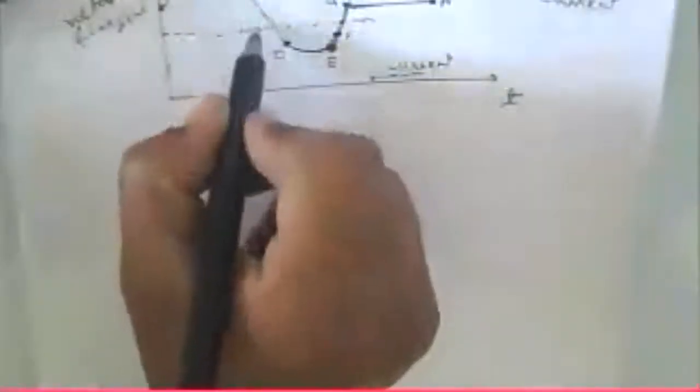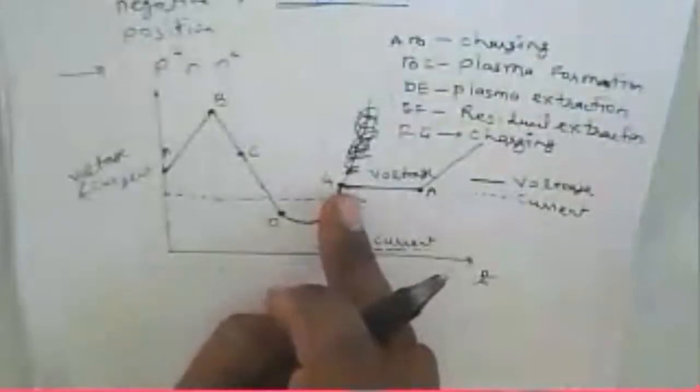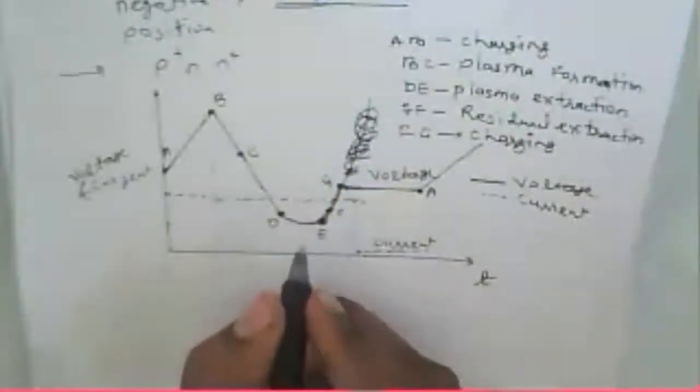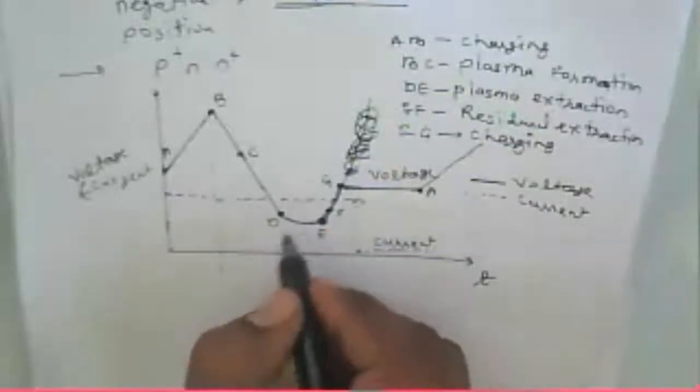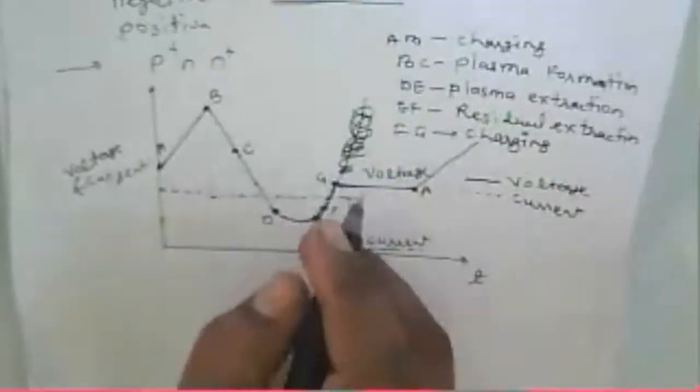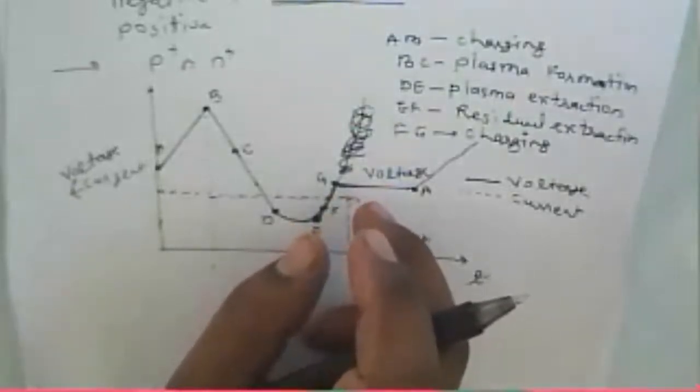That's why we can say the trapped plasma diode will work at a low frequency, because it has plasma generation and plasma extraction, and that time is small. The discharge time of the plasma is different as compared to the impact diode.